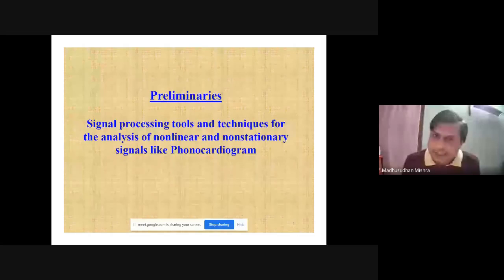You will find that these techniques are also applicable to other non-linear and non-stationary signals like speech signals, electroencephalogram signals, and other biomedical signals. It's very preliminary, so I will go very briefly because I have to cover some other topics also. I will give a very basic overview of some of the non-linear decomposition techniques.